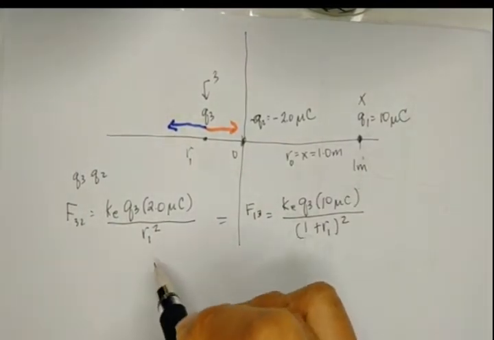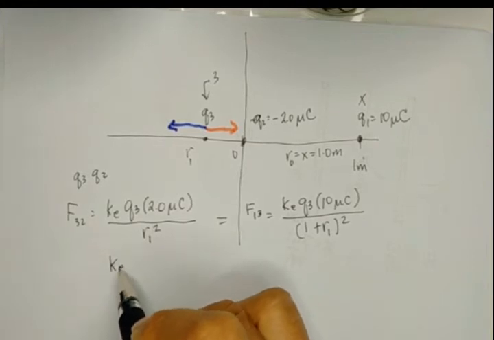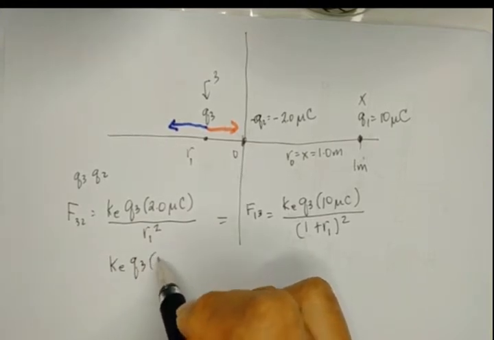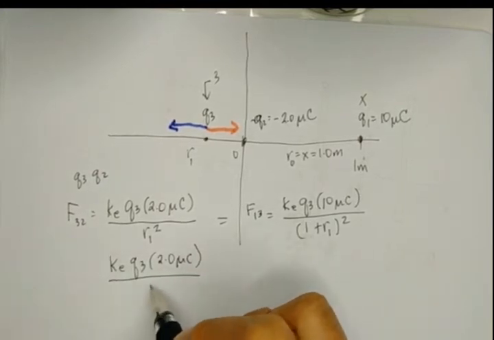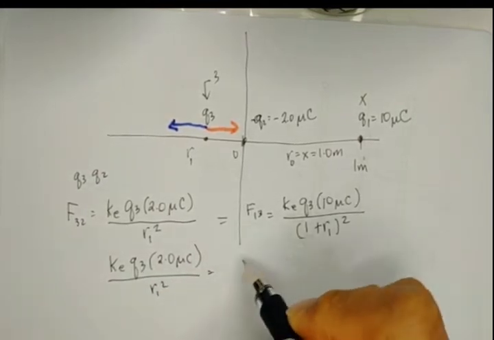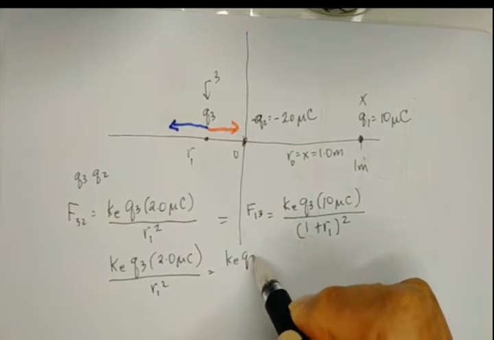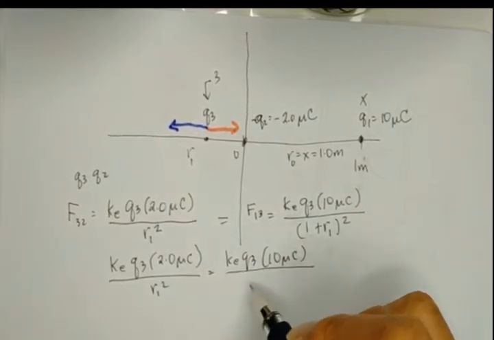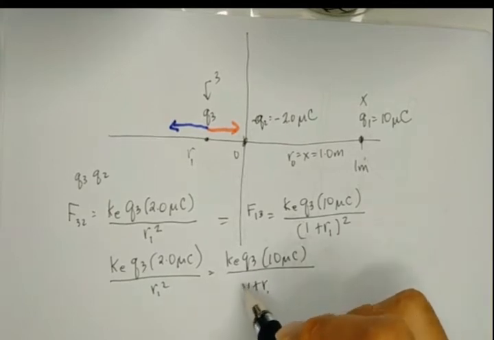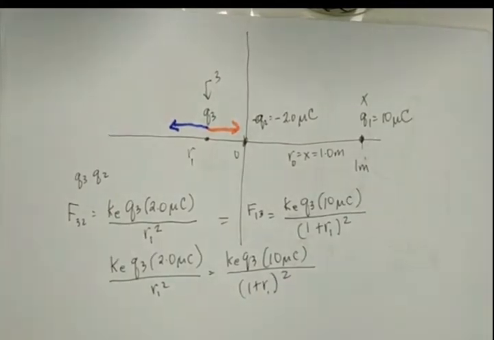So, equating the two, we come up with K sub E Q3 2.0 microcoulomb all over R1 squared equals K sub E Q3 10 microcoulomb over 1 plus R1 quantity squared.